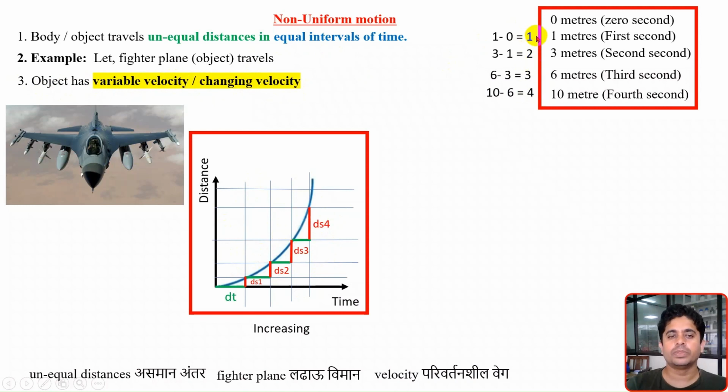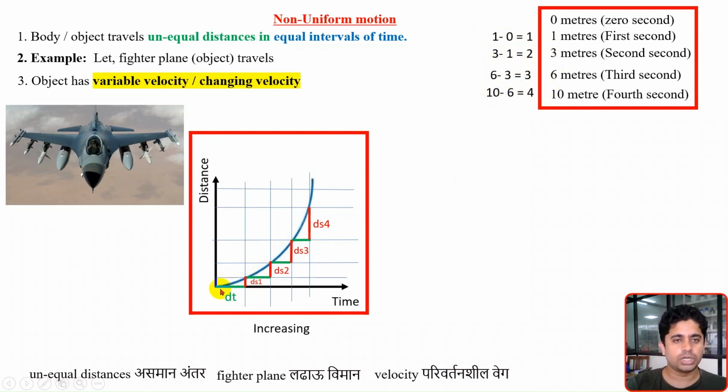Everywhere the velocity has changed because change in displacement is not equal everywhere. For every time interval, change in displacement is different. Time interval is the same, but change in displacement, or value of this ds, is different for each time interval. Here it is 1, here it is 2, here it is 3, here it is 4.